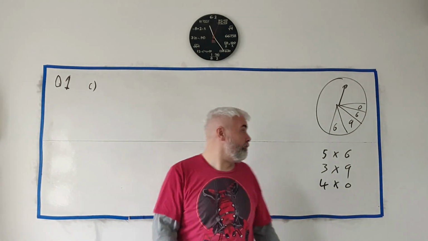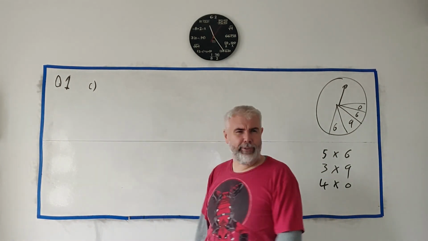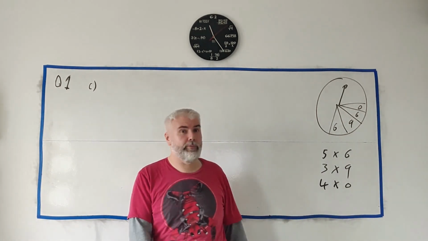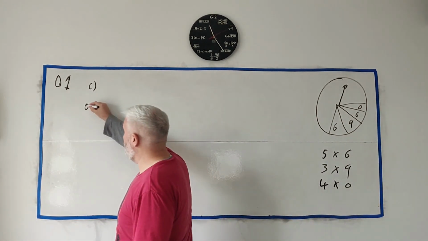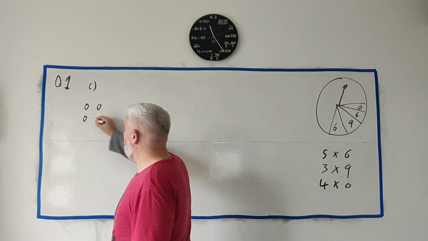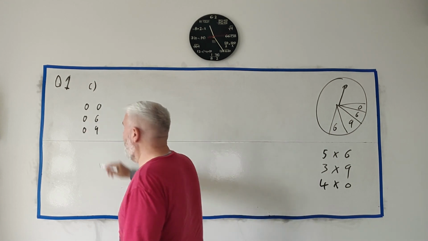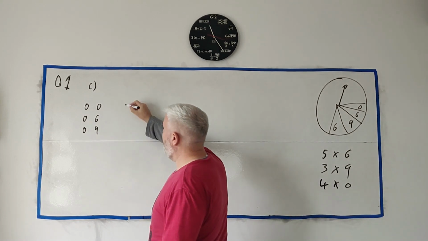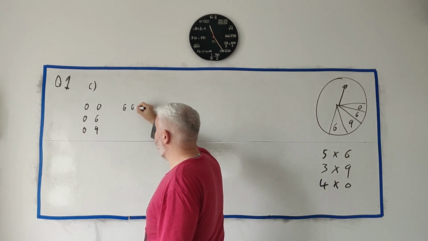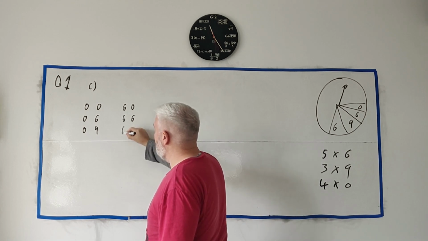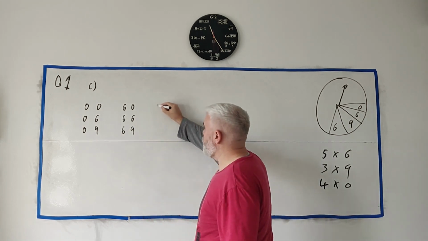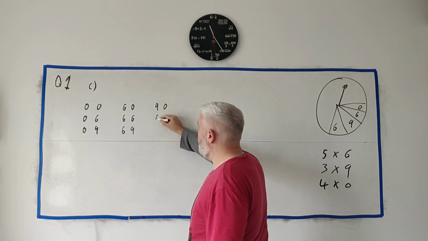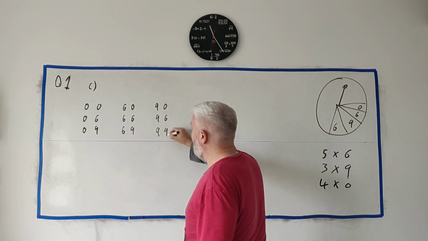And that's what we're going to do here. She only plays the game twice, so I can write out every possible outcome to this game. She could get 0 and 0, she could get 0 and 6, 0 and 9, that's all, isn't it? 6, 9 and 0. She could get 6 and 0, 6 and 6, 6 and 9, or she could get 9 and 0, 9 and 6, 9 and 9.